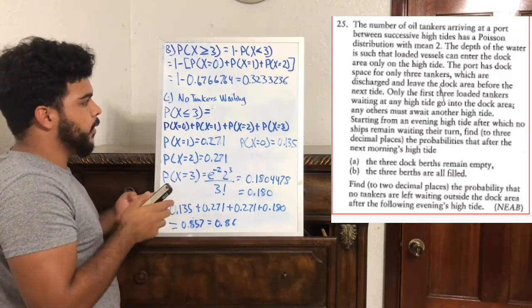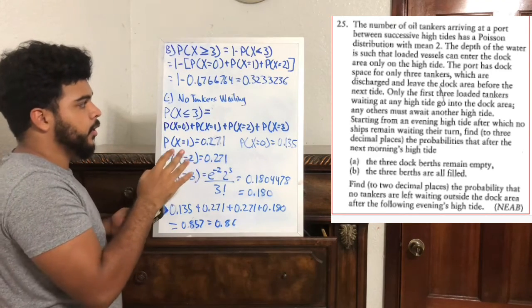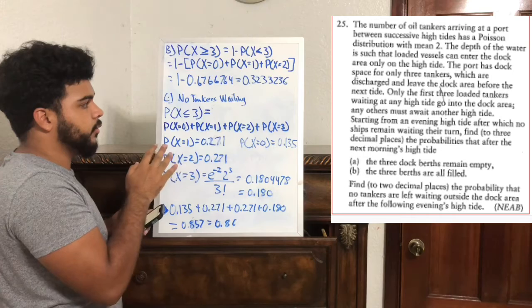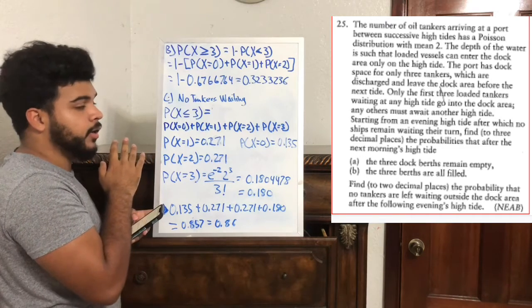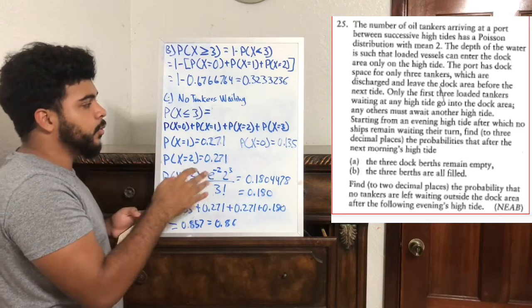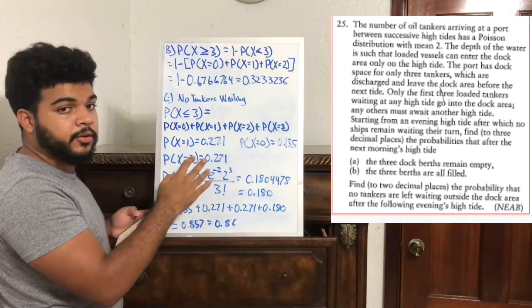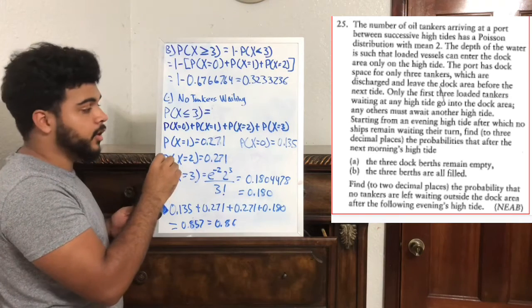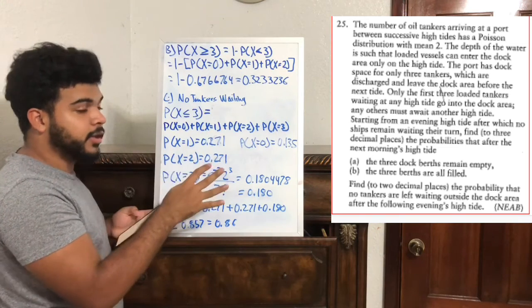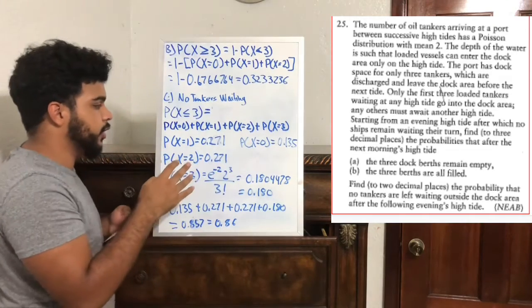Now this one is for if there were no tankers waiting, right? Which is basically if it can have 0, 1, 2, or 3. So at most it can have 3 tankers in the dock without any tankers waiting for another turn.